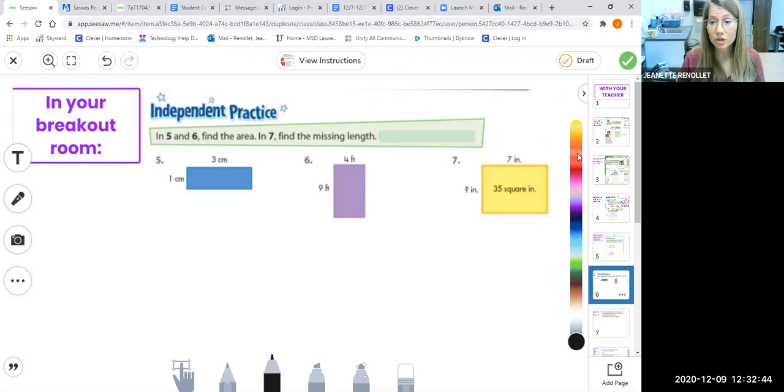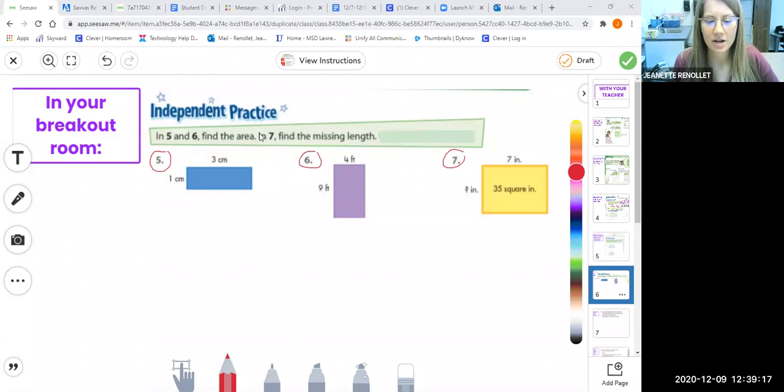I would like for you to try all 3. Do number 5, number 6, and number 7. Try them now, and then we're going to share out answers together. Are you ready? Here we go.